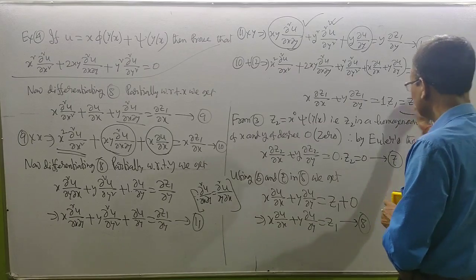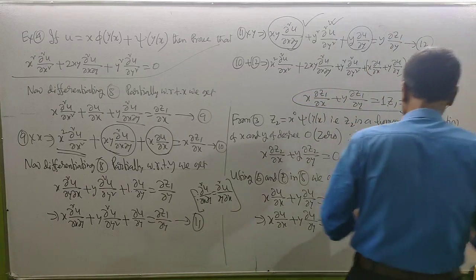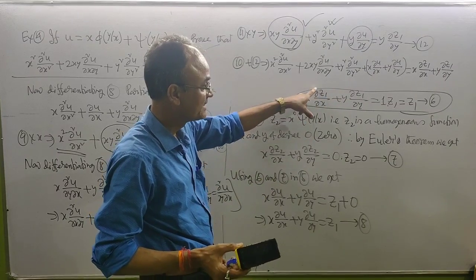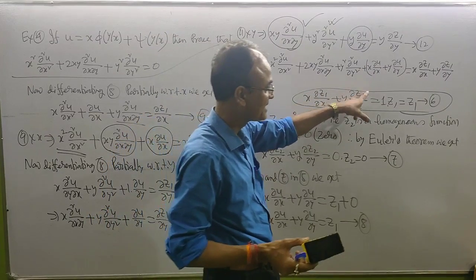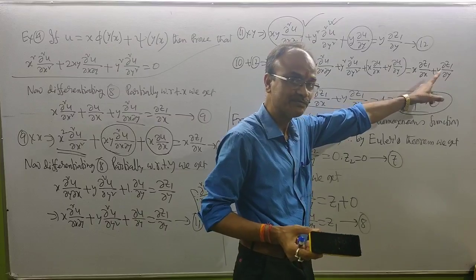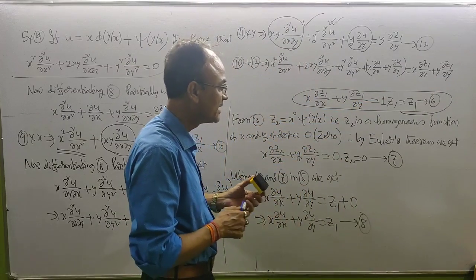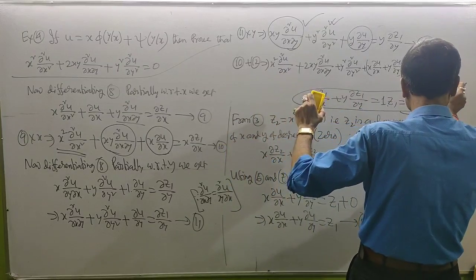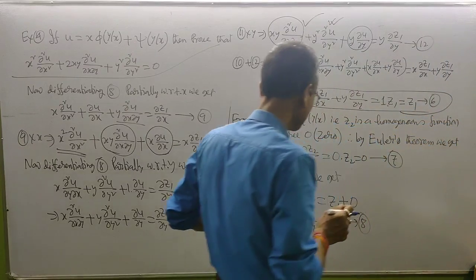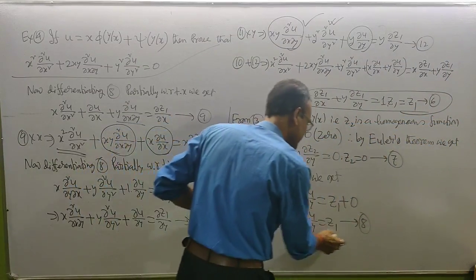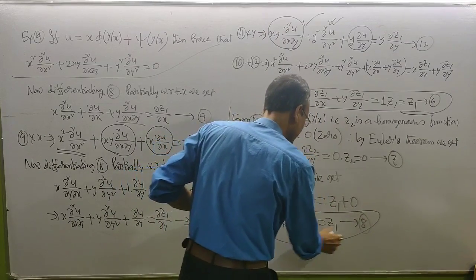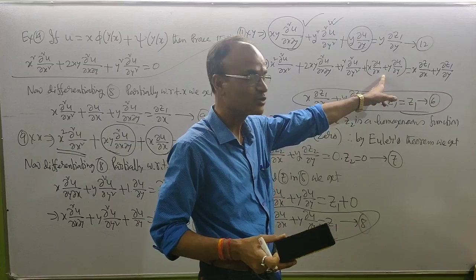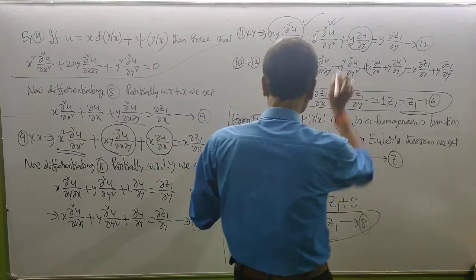Now see equation number 6. Right hand side, x ∂z1/∂x + y ∂z1/∂y equals z1. By 6 you may write z1. Also by 8, it is also z1.